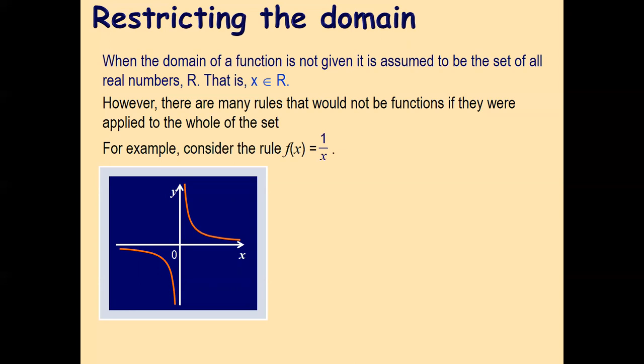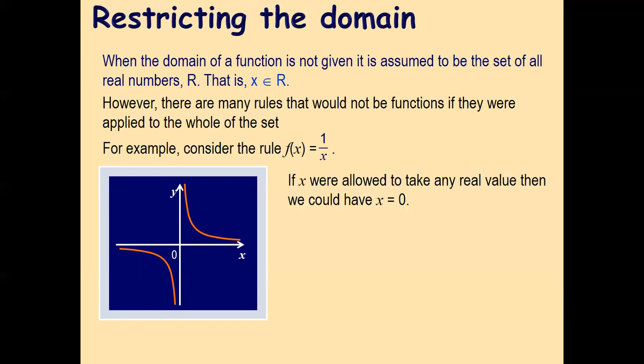Same on the negative side, you've got a corresponding value for y. But have you noticed something? If x equals 0, I never touch this function. That's the restriction that we have. Because we can't divide by 0, your calculator will never give you a value if you put x equals 0.